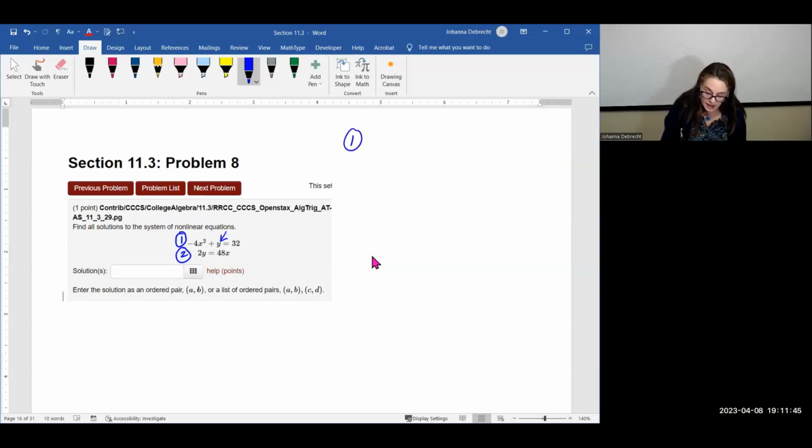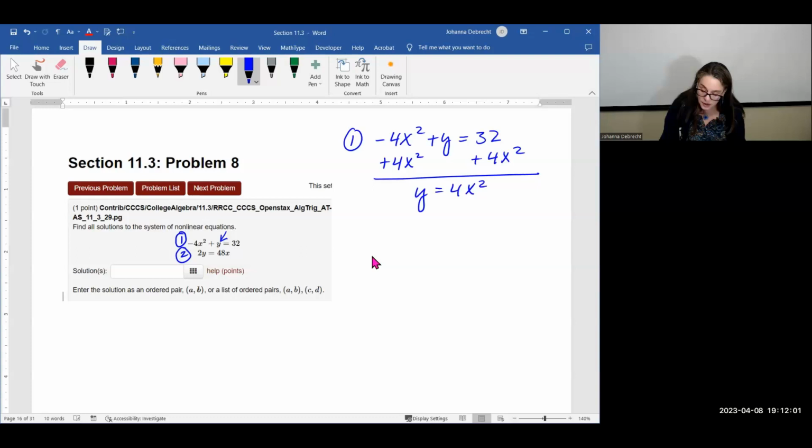If I did that, then coming up here, I would have negative 4x squared plus y equals 32. To isolate the y, I would add the 4x squared to both sides of the equation. This would give me y equals 4x squared plus 32. Then I would substitute for y in equation 2.